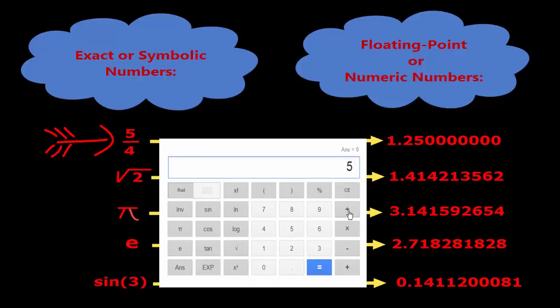For exact number, such as 5/4, we can get the numeric number 1.250.